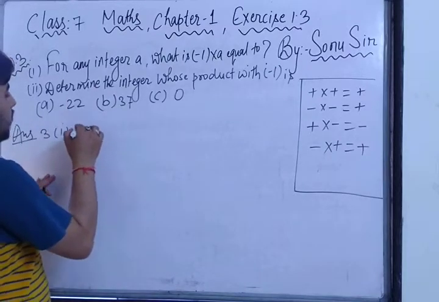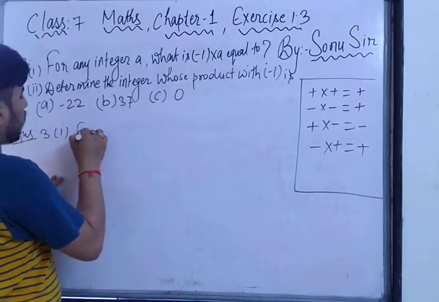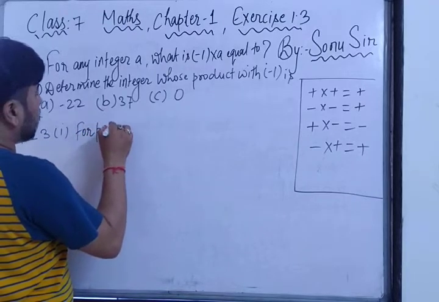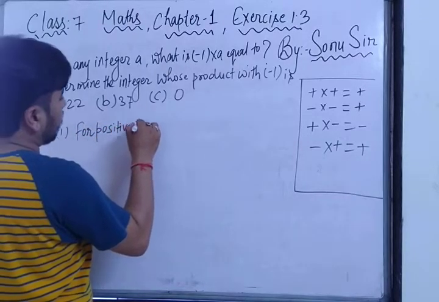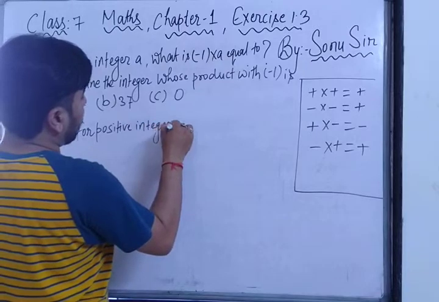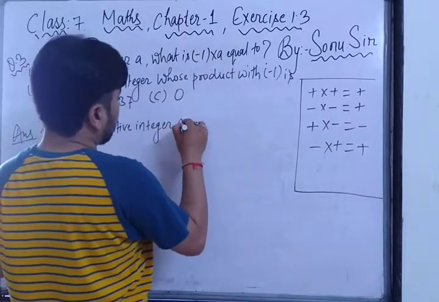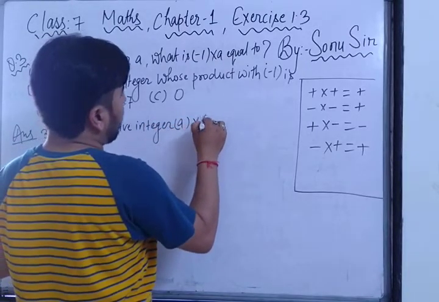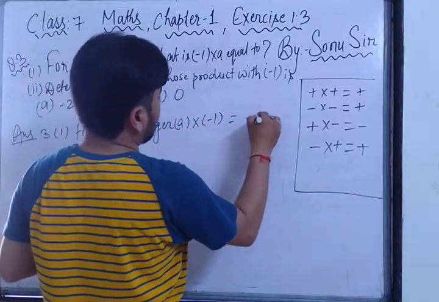For a positive integer a, a into minus 1 is equal to minus a.